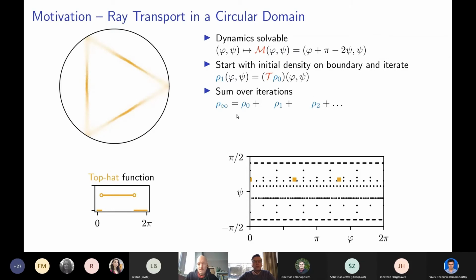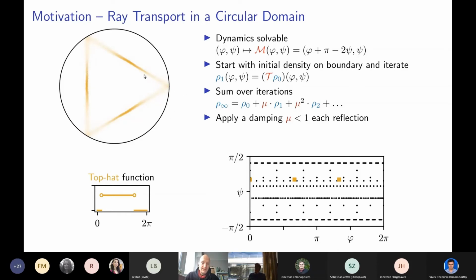So we end up with an infinite sum like this, which would only work if it does converge, and it turns out it only converges if we introduce a small damping factor, for example, on each reflection. So now assume we have a continuous flow of particles entering the billiard here, but there's a tiny amount of absorption on each reflection, like it's, for example, the case in room acoustics.